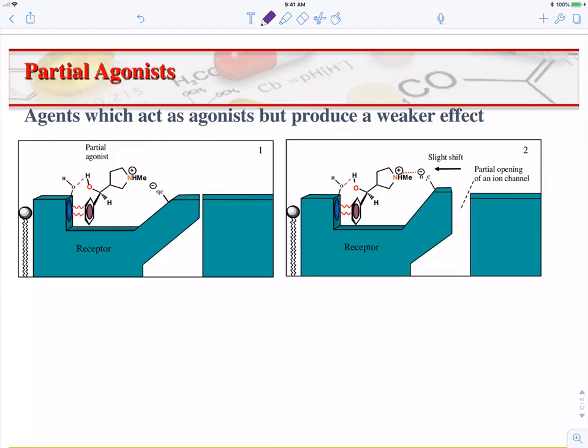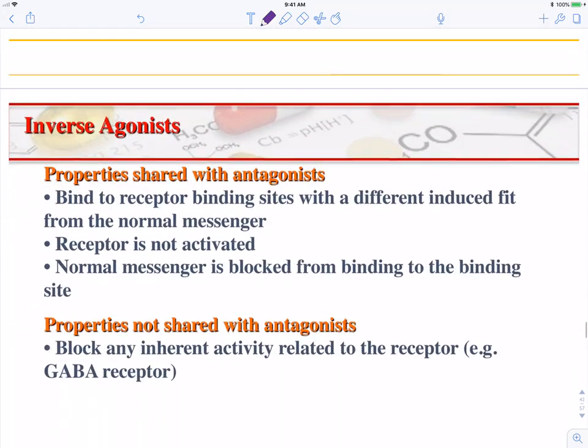However, they prevent binding of the drug of abuse, and so therefore they're given as a preventive measure to addicts to basically discourage their use of the drug of abuse.